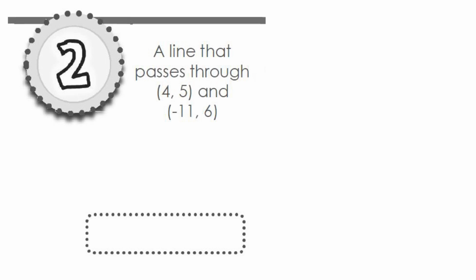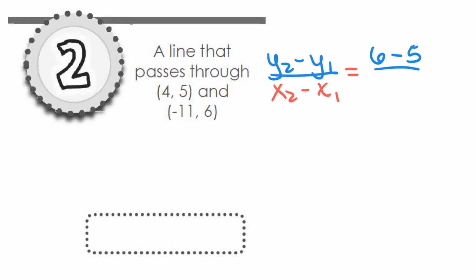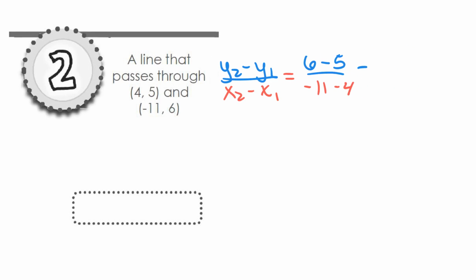So I first need to do y2 minus y1 over x2 minus x1 to find my slope, which is going to be 6 minus 5 over negative 11 minus 4, which is going to simplify to 1 over negative 15. So there's my slope. It's a very shallow slope, or negative 15. So I can write that part, negative 1 over 15.